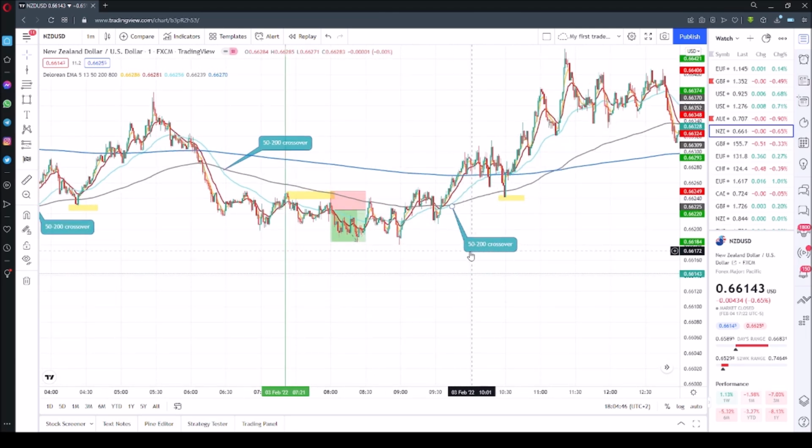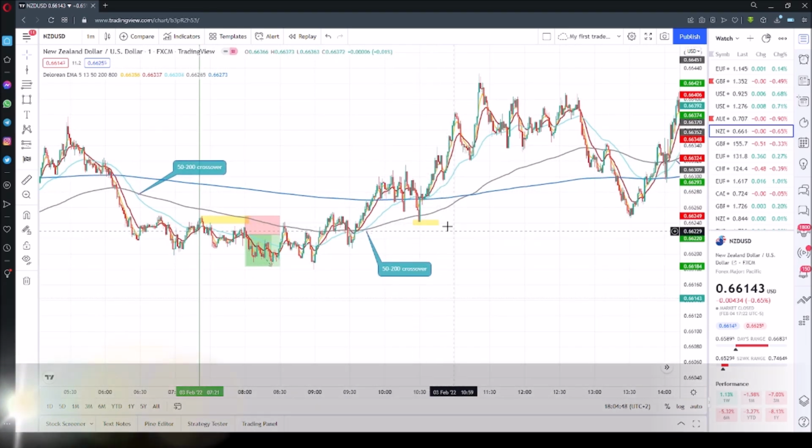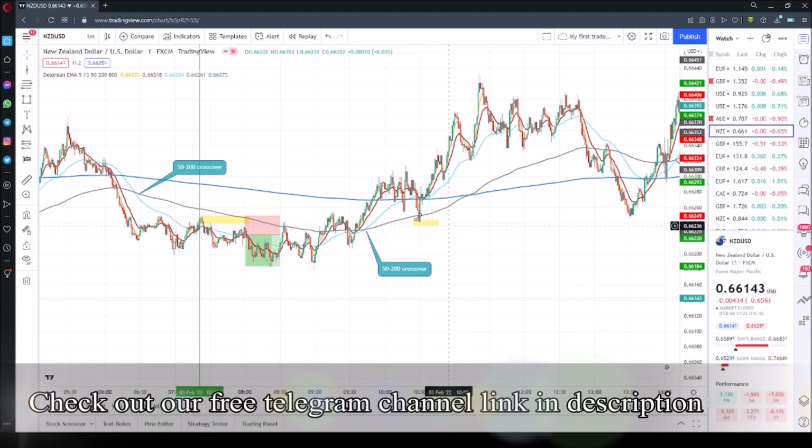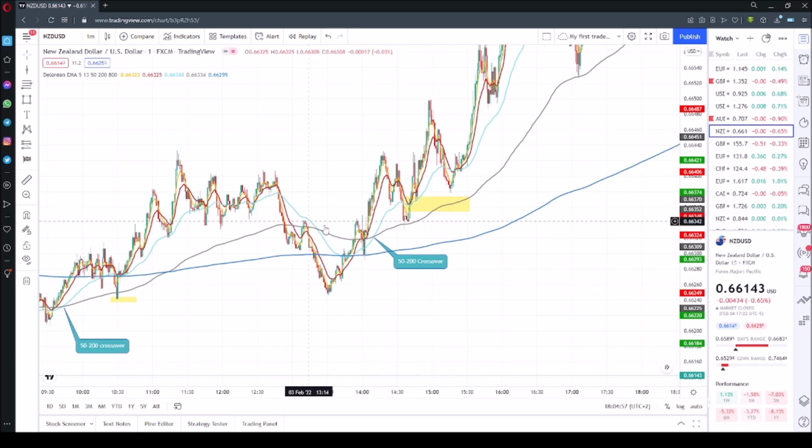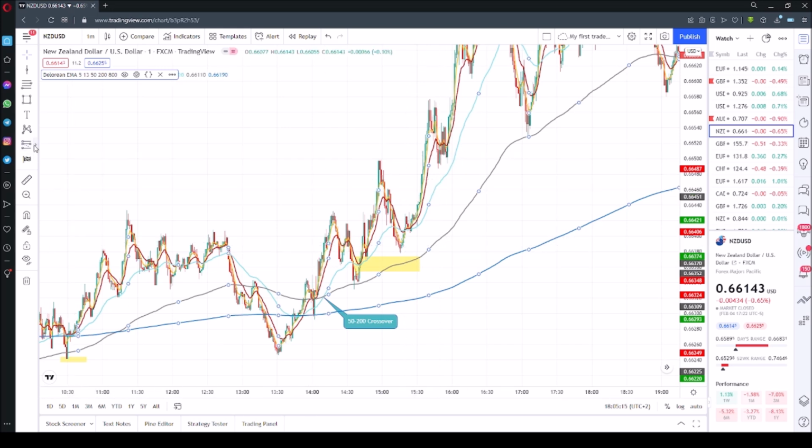Then we had another 50-200 EMA cross, but unfortunately it was actually a one-legged pattern, which is outside our trading criteria. Then here we had a 50-200 EMA crossover, but within this flow there was no setup, and immediately the market gave us a 50-200 EMA crossover here, and we had a big fat W, like first leg and second leg, and we could actually earn our profit on that scalp trade.